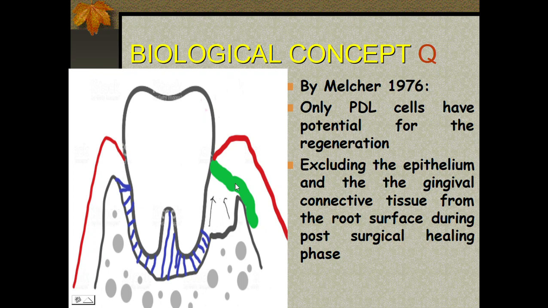So if we place a barrier membrane, this green in color, I have tried to show that it will exclude gingival epithelium from the underlying periodontal ligament and the surface of bone. According to this concept, if a barrier is placed between epithelium and underlying periodontal ligament, and if we give some time for the periodontal ligament to heal, then only regeneration is made possible.